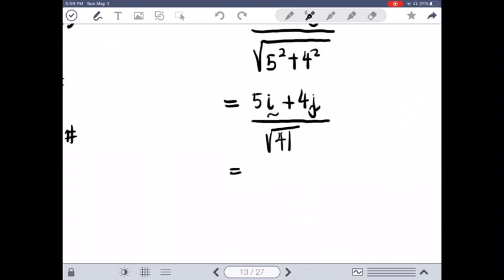So the answer is 5 over square root of 41 i plus 4 over square root of 41 j.